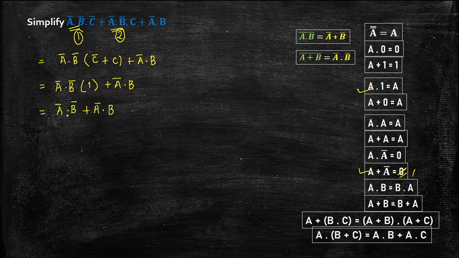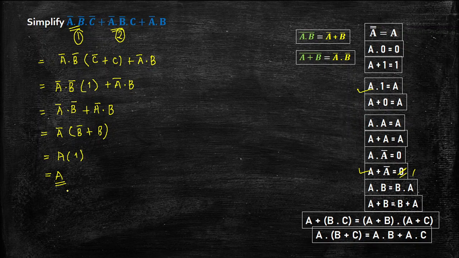By the law, a complement dot b complement into 1 remains the same term. From these first two terms, a complement can be taken common, that is the distributive law. So a complement, inside the bracket, b complement from the first term plus b from the second term, and you are clever enough that b complement plus b can be substituted by 1. So now you are going to get a complement alone as your final answer.